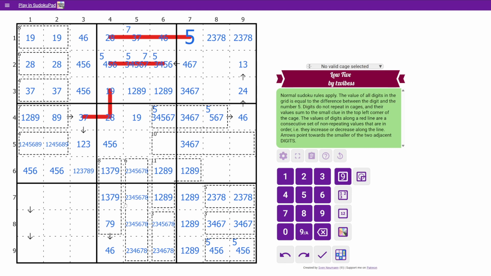I'm close, I've got one digit. Come on. Ooh, I've almost got a 1289 type of thing. 2, 3, 4, 5. Is this a 2? Wait. What? 2, 3, 4, 5.